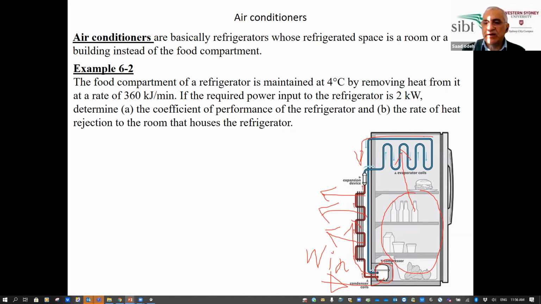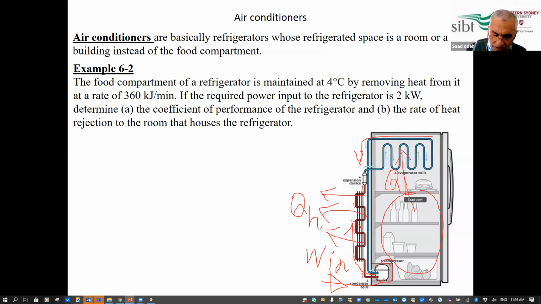Which means that we are removing the heat from inside to outside by compressing the refrigerant in the cycle. After we release the heat, this is the QH, and this one here, inside the refrigerator, is QL.